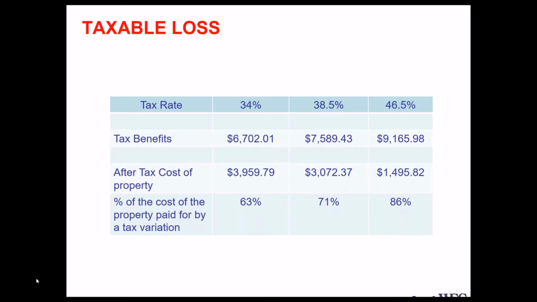So the percentage of the cost of that property paid by the variation, so you put a variation in place, get your tax reduced by $6,702, is 63%.